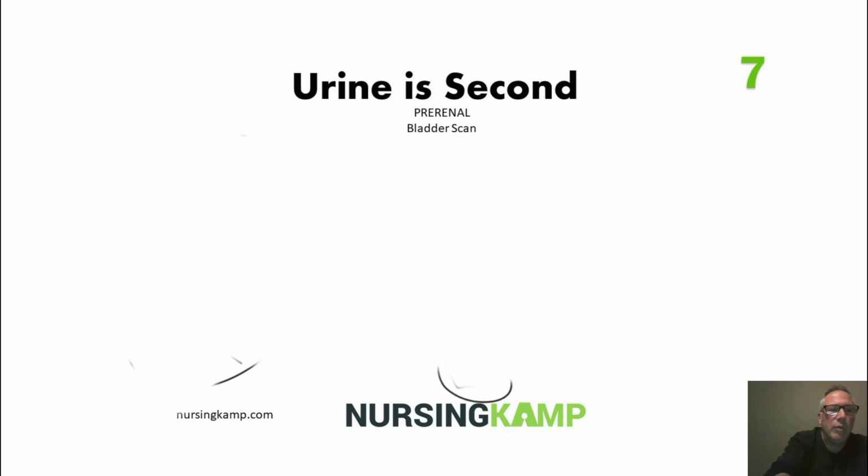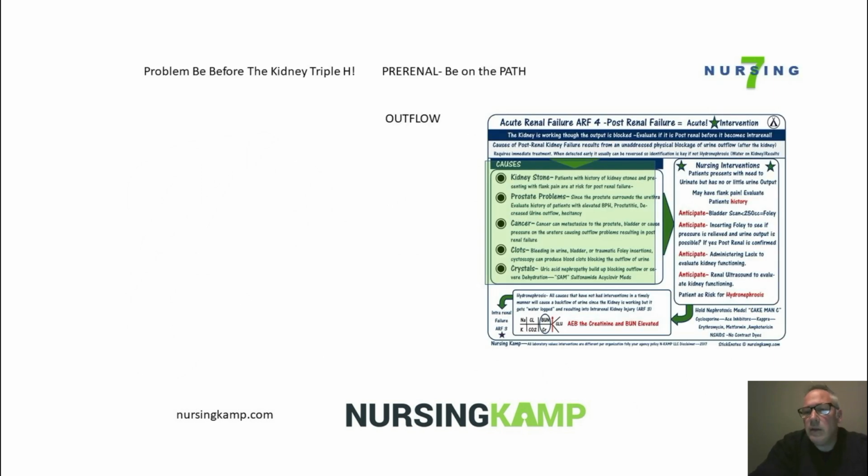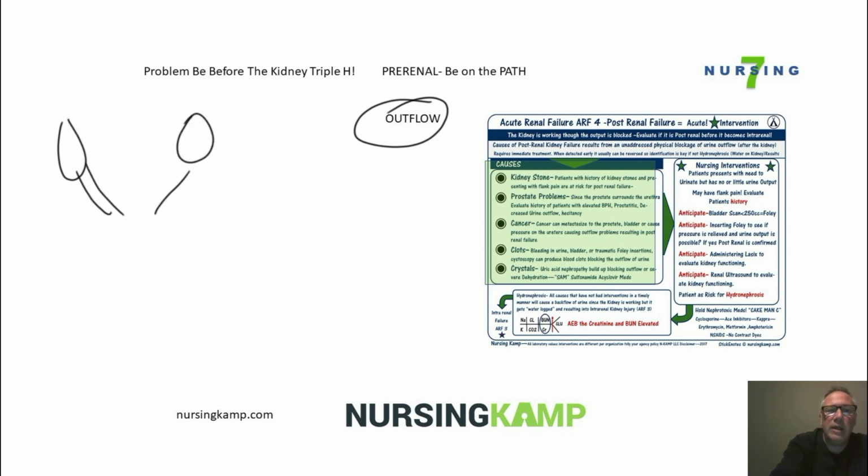So as we move on, we look at the underlying causes of post-renal acute kidney injury. In this, we're looking at the underlying causes, and the major issue right here is outflow. Like we said before, if a person has kidneys and the kidneys are working, but they have kidney stones, there's an actual blockage right there.